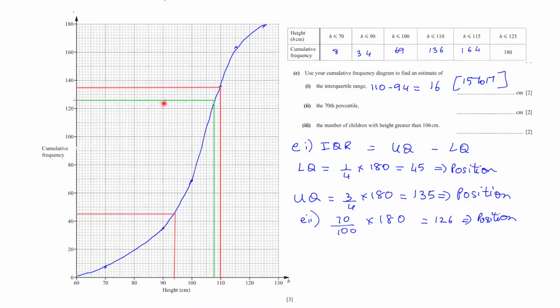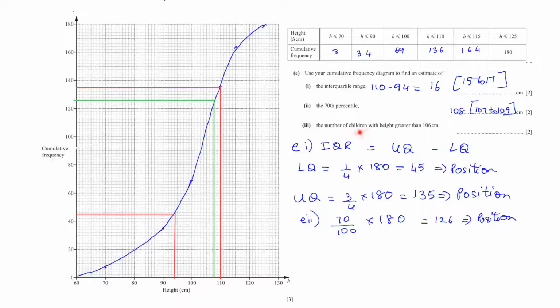So this is 126, and the corresponding x value is 108. You could have the answer between 107 to 109, and that will be accepted.